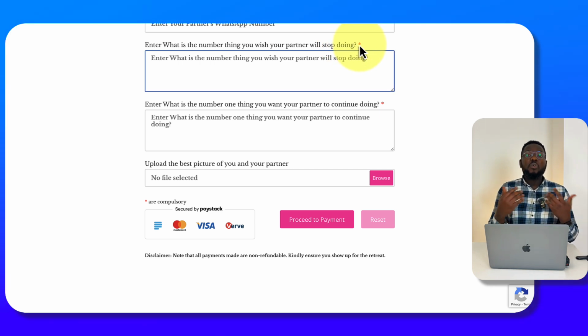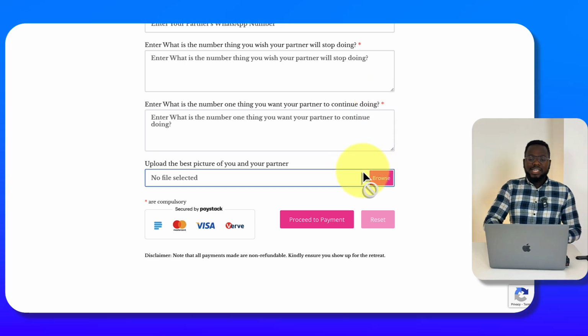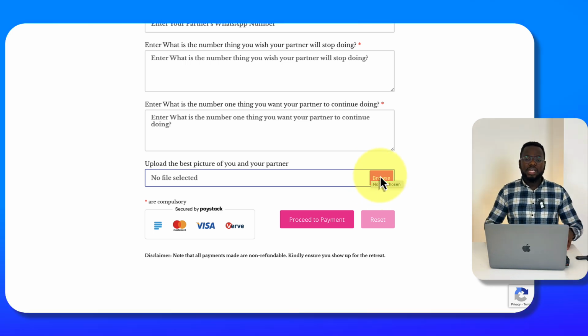They are required. Enter the number one thing you want your partner to continue. Why do you need these at the point of payment? And then the most shocking part of it is upload a picture of your partner. Some people will start looking for the picture. Sometimes the picture might be bigger than the size that is required.